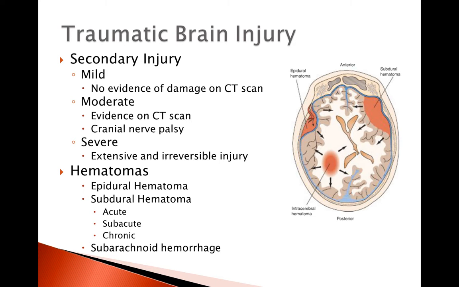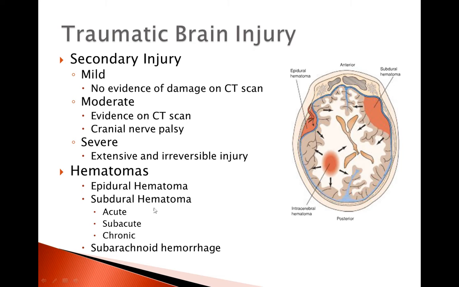And often neighboring vessels that may not have been damaged start to vasospasm, which means they contract and relax in an attempt to contain and redirect blood loss. That compensation of vasospasms often leads to ischemia and further damage.